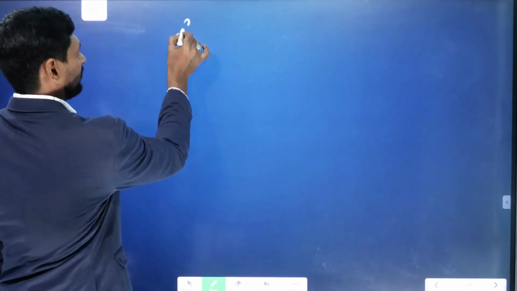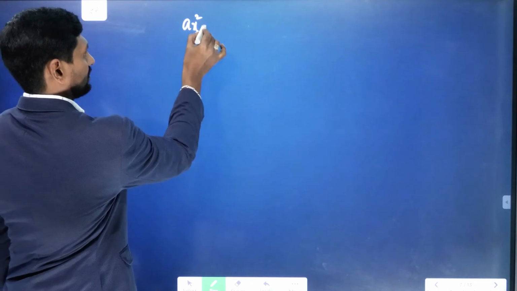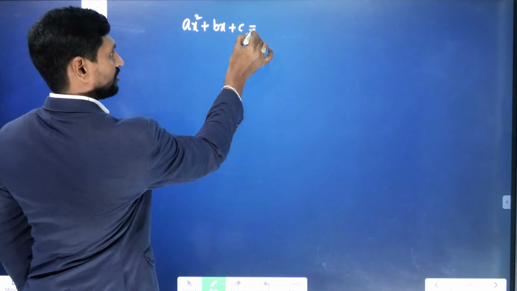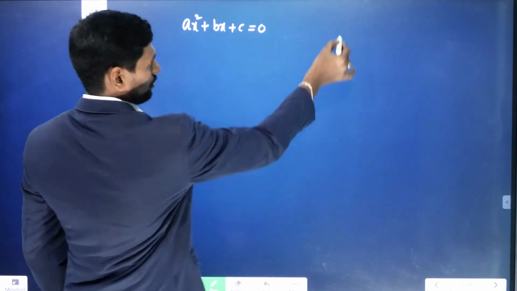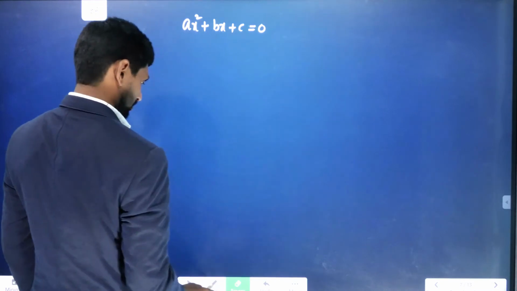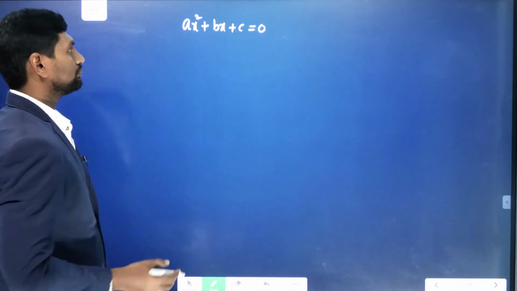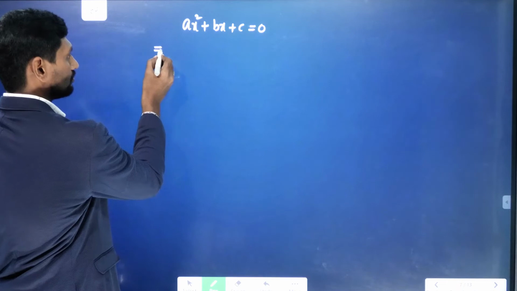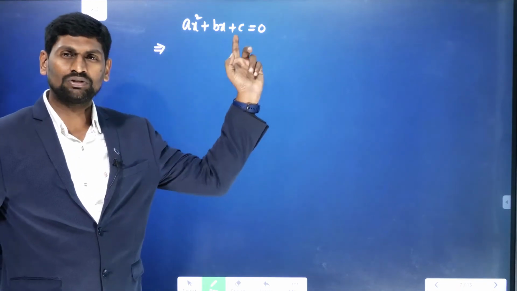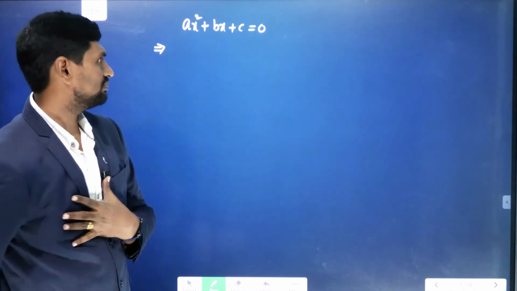So the general form we know, ax square plus bx plus c equal to 0. Very important, children. Now, here x square term, x term, constant term. Three terms are there, no?